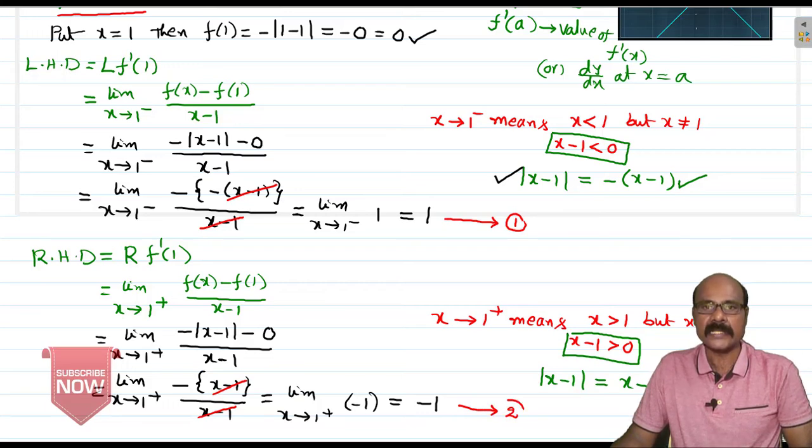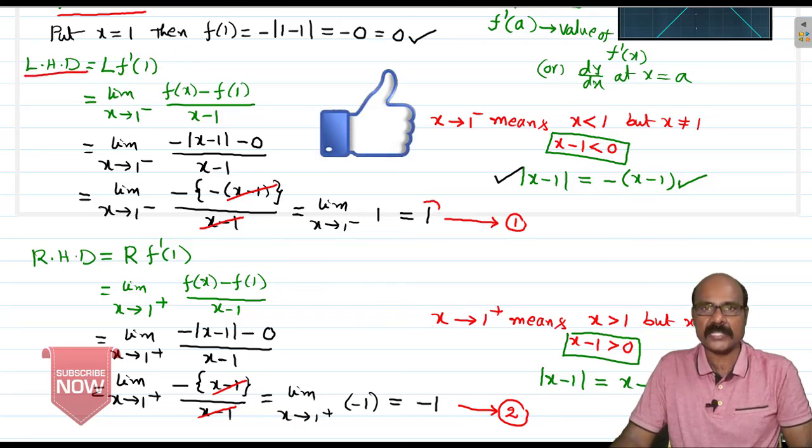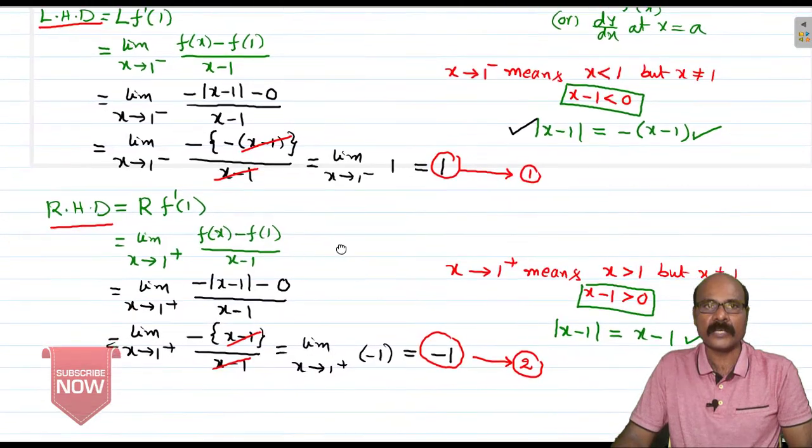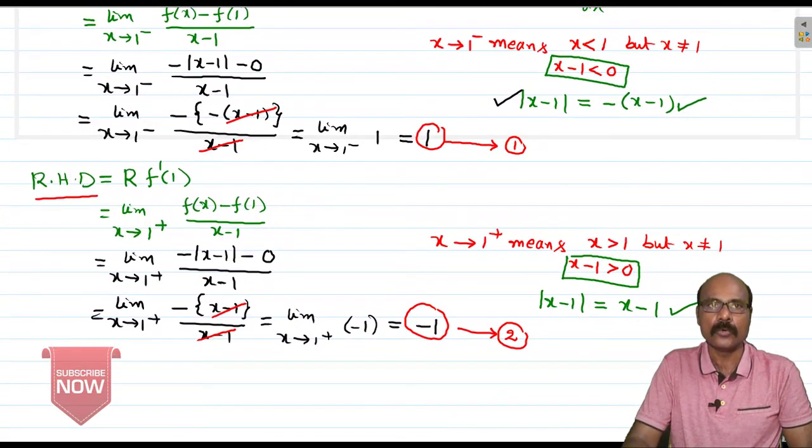So we can consider this as equation 2. Now you can observe left hand derivative value we got plus 1, right hand derivative value we got minus 1. So from equation 1 and equation 2, what can we say? From equation 1 and equation 2, we can say it is not differentiable.